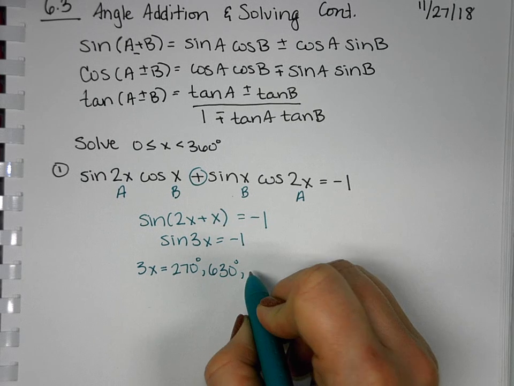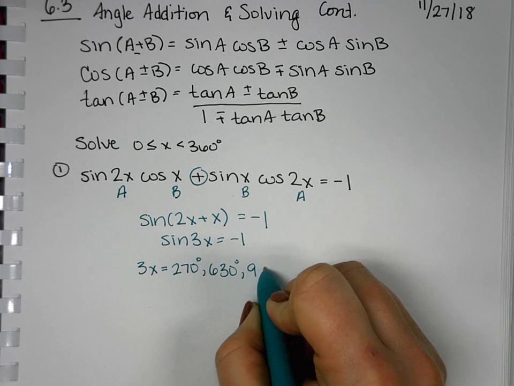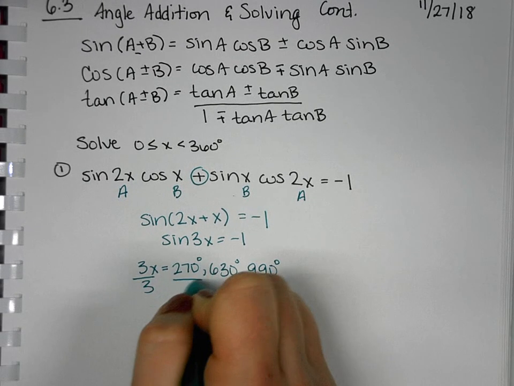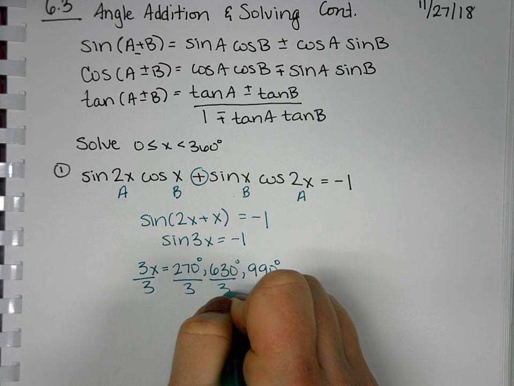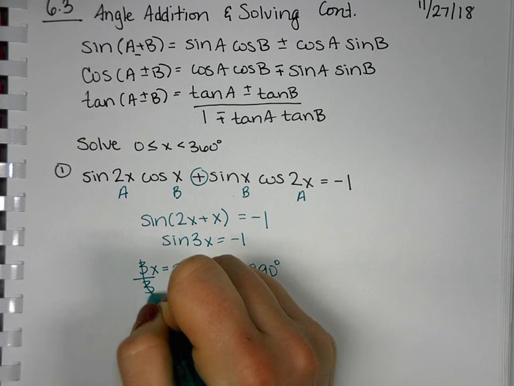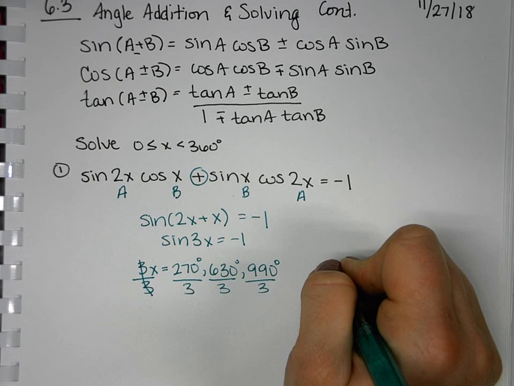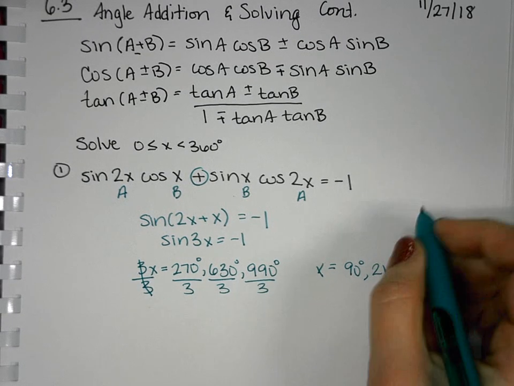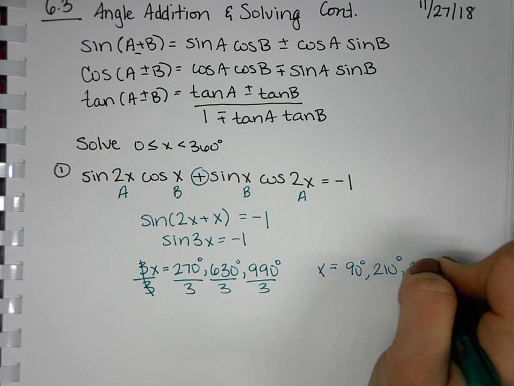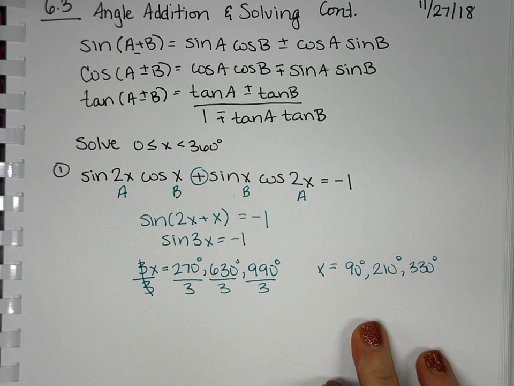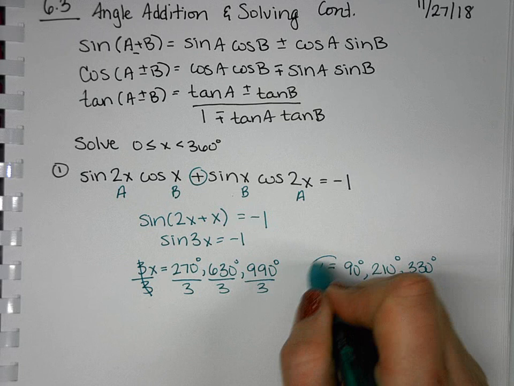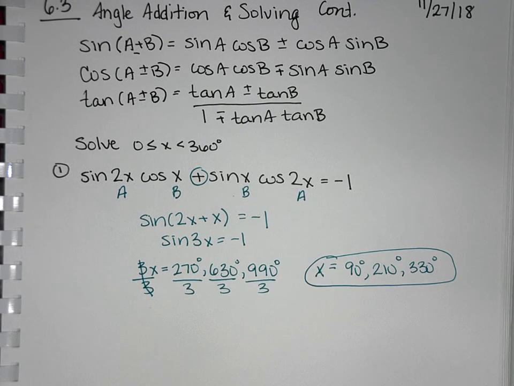And then when I add another 360, I end up with 990. To solve for x, we divide each by 3. So I have x is equal to 90, 210, and 330. So those would be the 3 angles that if we plugged them into that equation would work to give us -1.